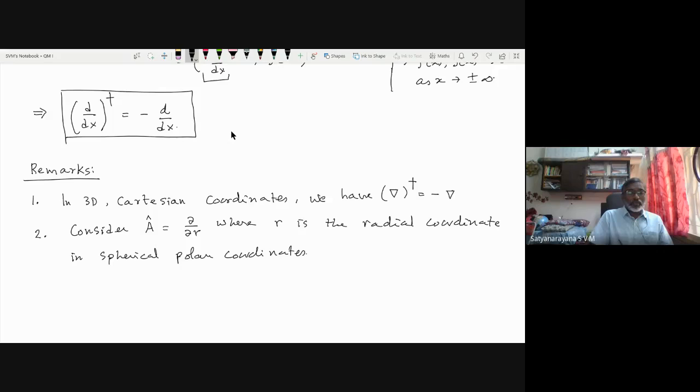Somebody is asking, find the dagger of this dou by dou r. We may jump to a conclusion saying that it is minus dou by dou r, just because dou by dou x is minus dou by dou x.